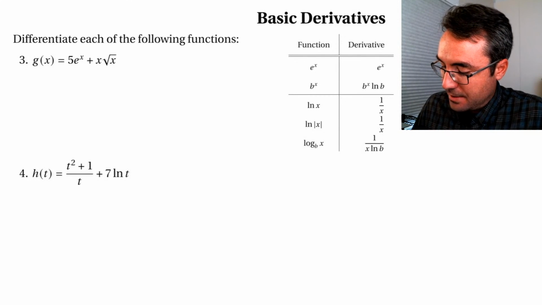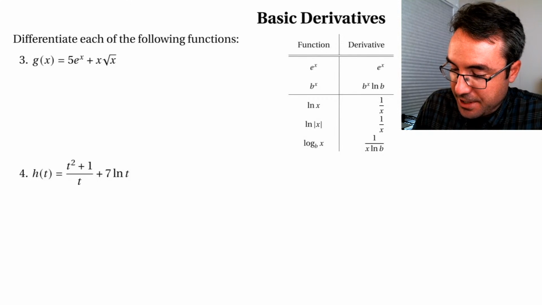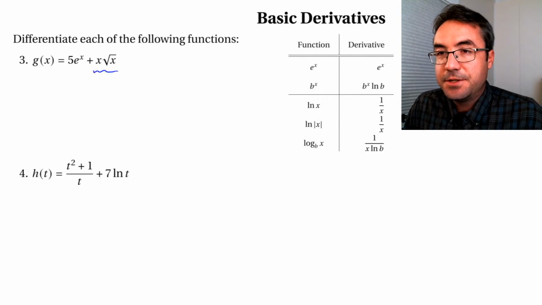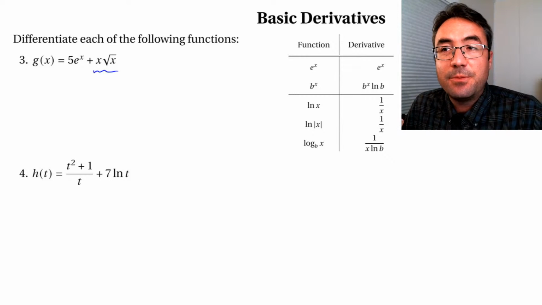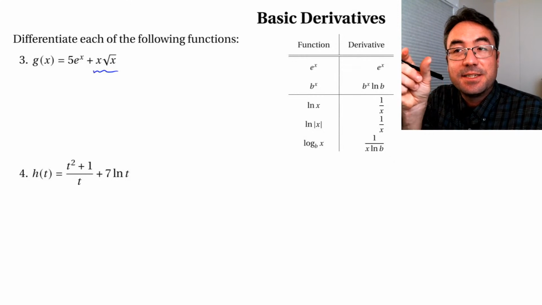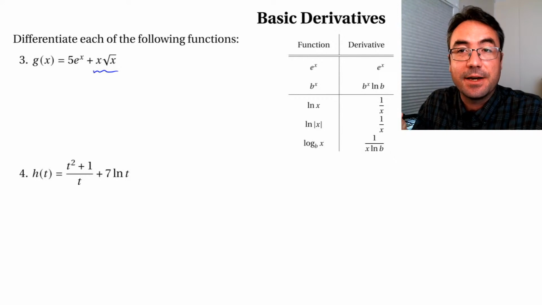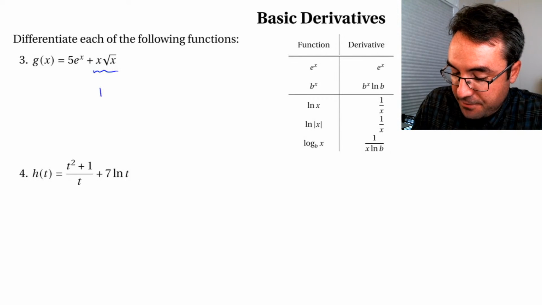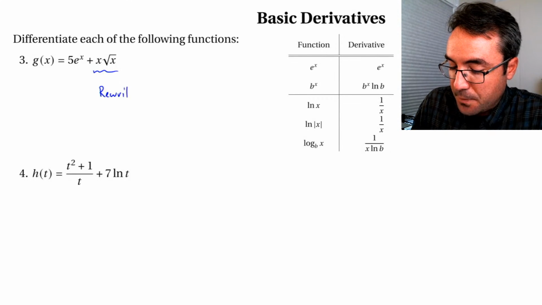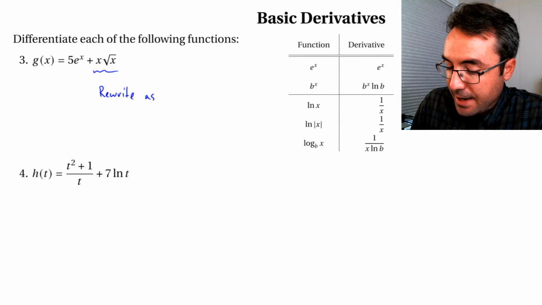And so our strategy here is we want to rewrite this. Right now, this is a product. It's x times square root x. It's a product. So if possible, we want to be able to rewrite that as a power function.